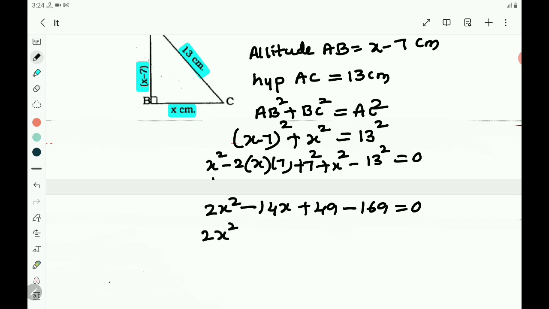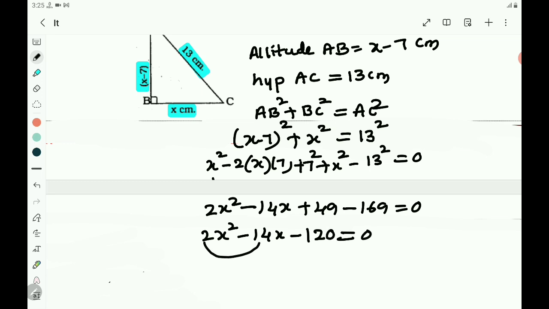Write 2x square as it is, minus 14x also as it is. Then 49 minus 169: we have to subtract 49 from 169, and as 169 is the greater number and has the negative sign, we put the negative sign. 169 minus 49 is 120, so minus 120 equals 0.